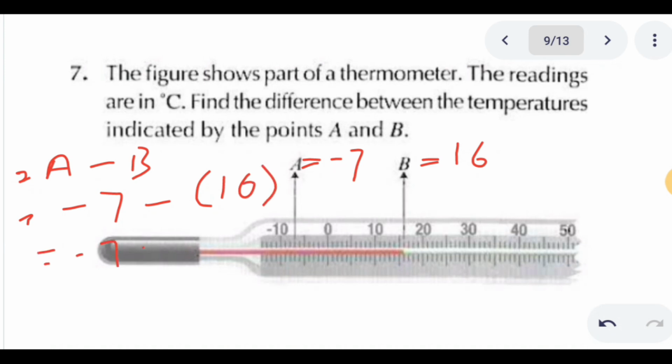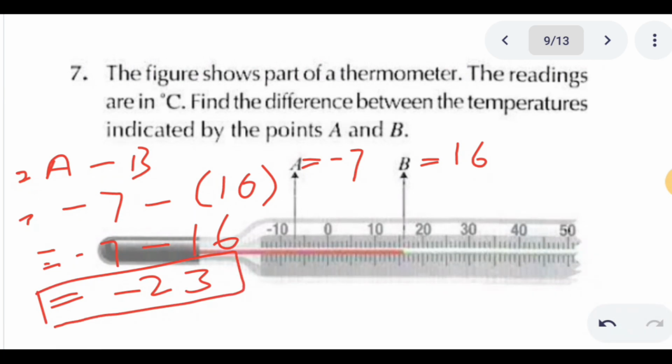So minus 7 minus 16, so minus plus, now we have to add 16 and 7. So 16, 17, 18, 19, 20, 21, 22, 23. So we get the number 23, and this minus sign will be with this number.